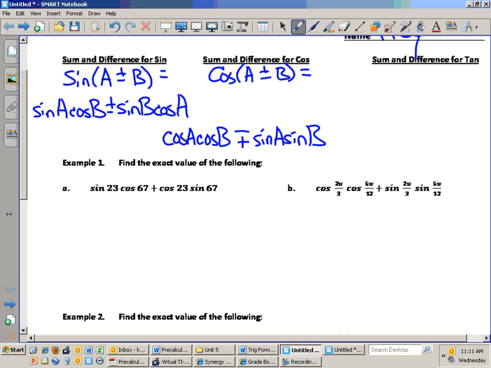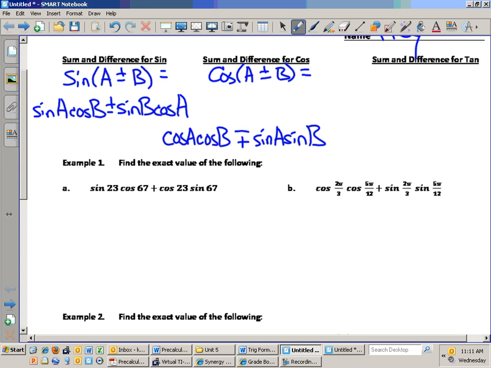So you can see that the formulas are different. If we had cosine of a plus b, then down here it would be a minus in the middle. If we had a cosine of a minus b, then down here it would be a plus. So that's what the plus and minus, minus plus means.